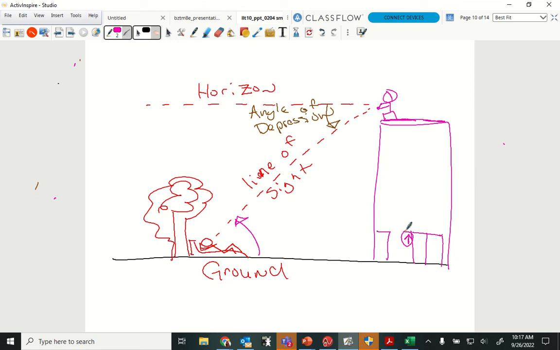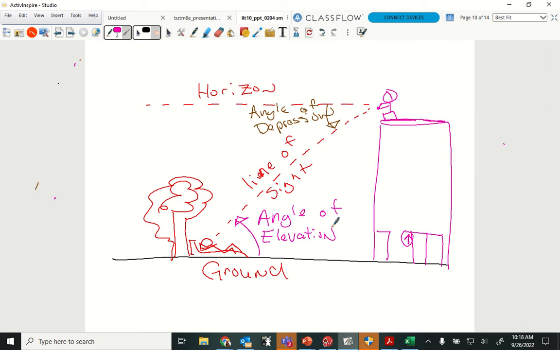He's going to go up there and save his friend from his angle of depression. So this is his angle of elevation.